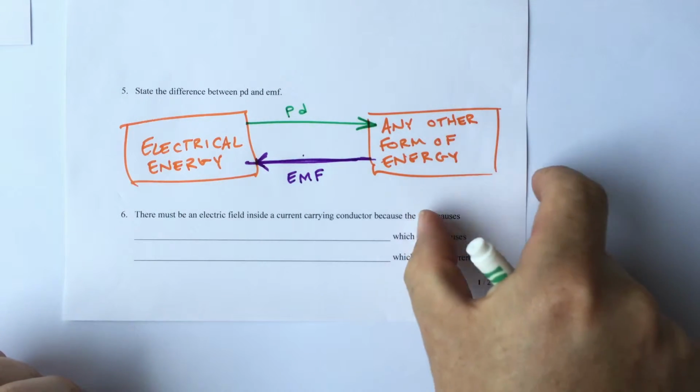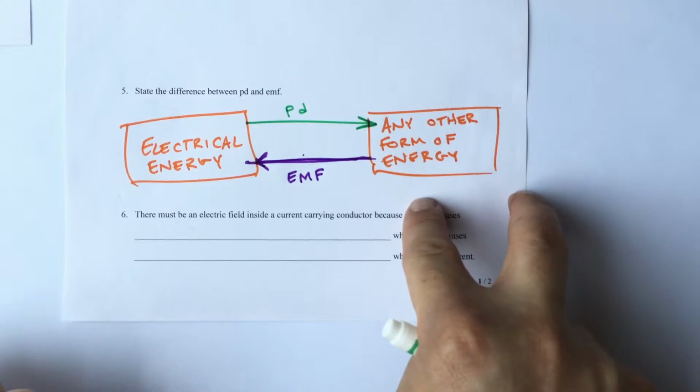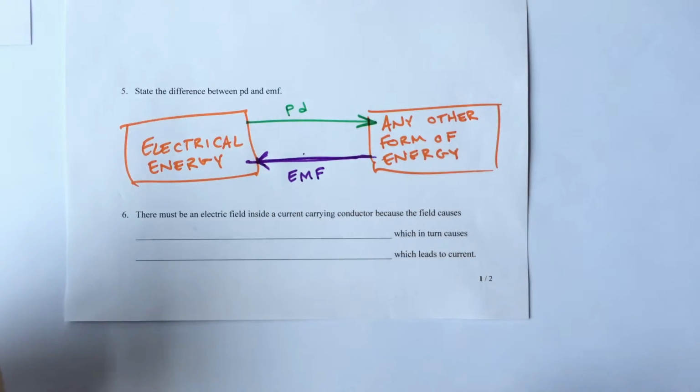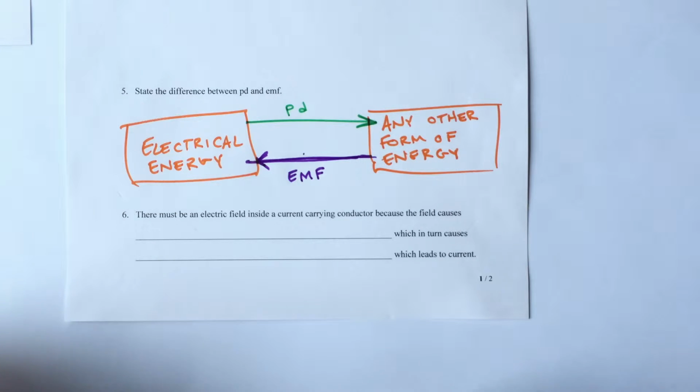That's taking electrical energy into some other form. And if you measured the voltage across a light bulb, that would be called a potential difference. A battery, like the one in your car or the one in your cell phone, takes chemical energy and converts it into electrical energy.